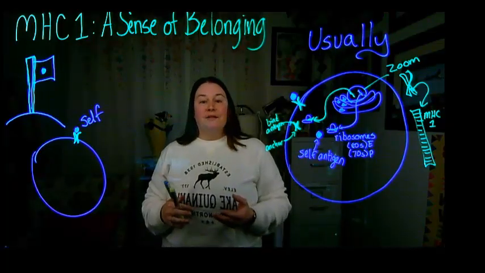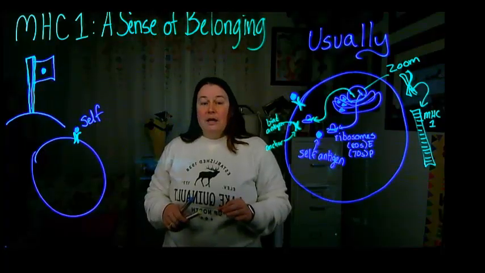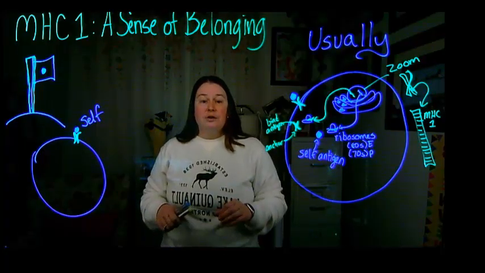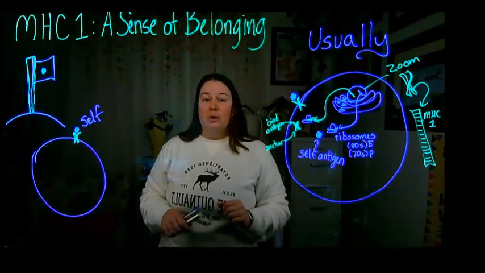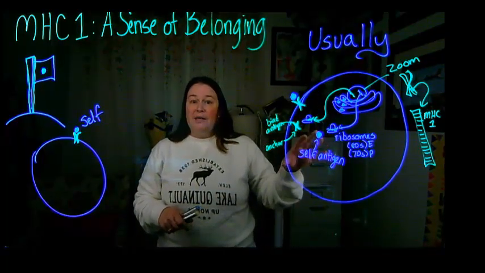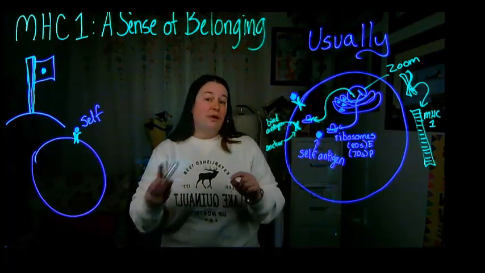Okay. So that was a key idea to think about in reference to the fact that this is a we belong kind of situation. And the way that this cell signal, this major histocompatibility signal, is created is different than what we see in MHC2 processes.